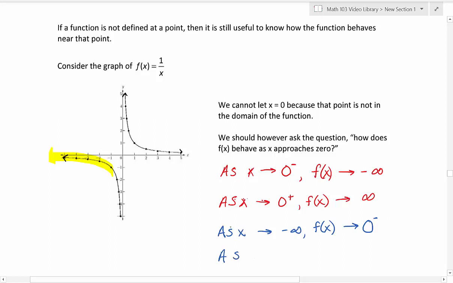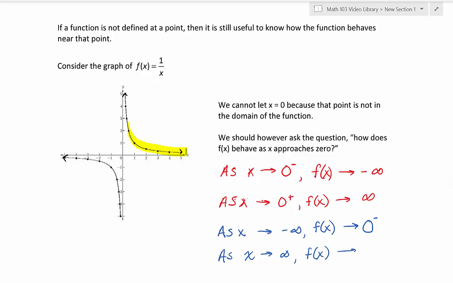Similarly, let's look at what happens as x approaches positive infinity. What's happening to our y value? Again, it looks as if our graph is leveling out.